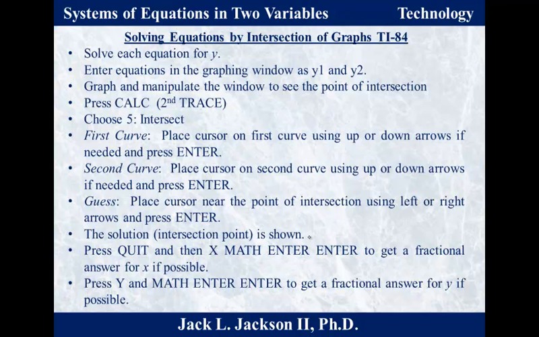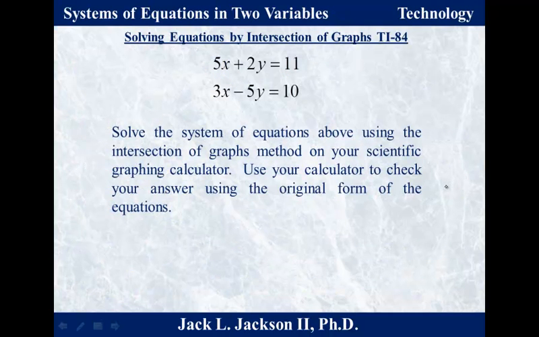And that'll give you a fractional answer for y if it's possible to get a nice fraction for it. The change to the fraction thing's not perfect, but if it's a fairly reasonably small denominator, it will figure that out for you. So let's try this method on a TI-84 with this system of equations.